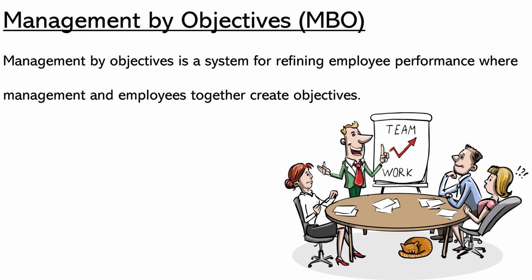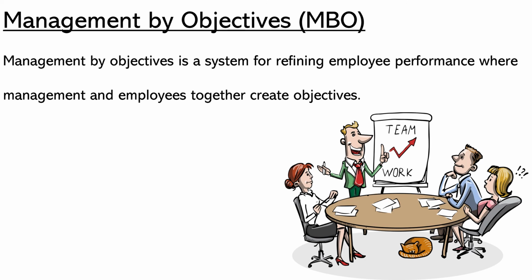Management by objective gives a sense of direction to the employees. Employees and management together set an objective, so that employees have a clear-cut idea of what they are doing. It helps the employees to give their best and to achieve the targets within the stipulated time.